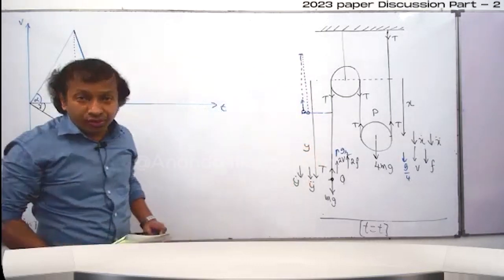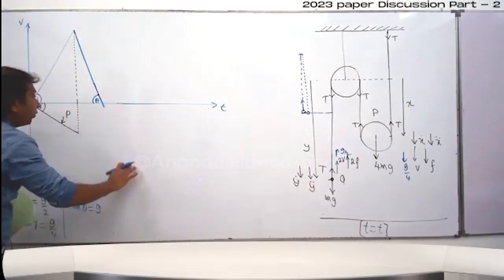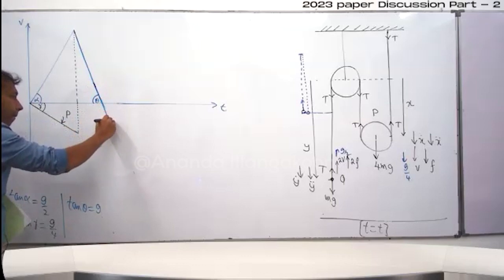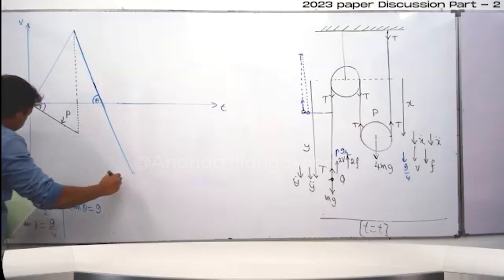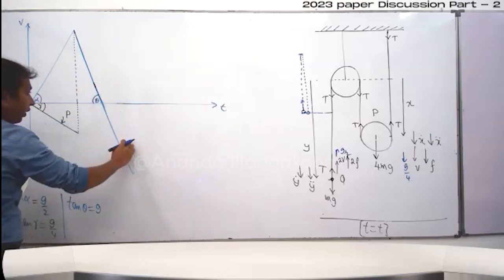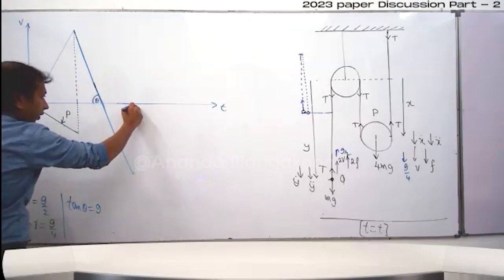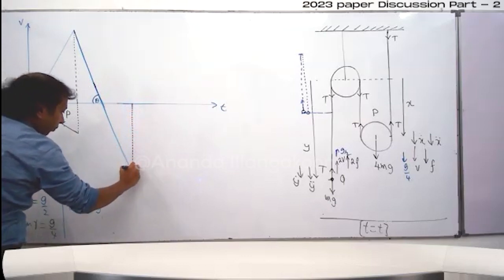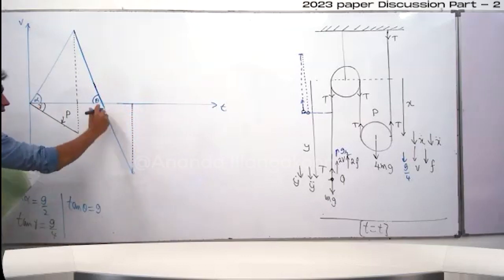Therefore, its direction is also negative, right? Like this. Okay. Then this area and this area become equal at this time moment. Right? Okay.